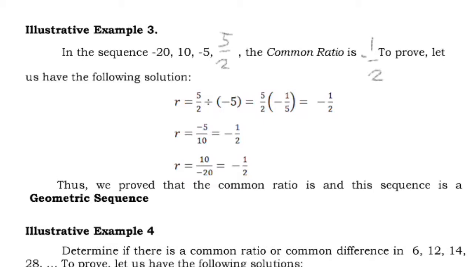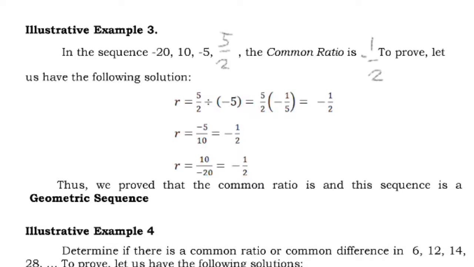To prove, let us have the following solution. So to find the common ratio, we're going to divide the last term by the preceding term. So 5 halves divided by negative 5. So that will become 5 halves times negative 1/5, and that will be equal to negative 1 half.